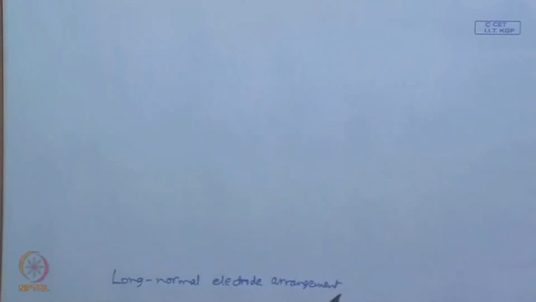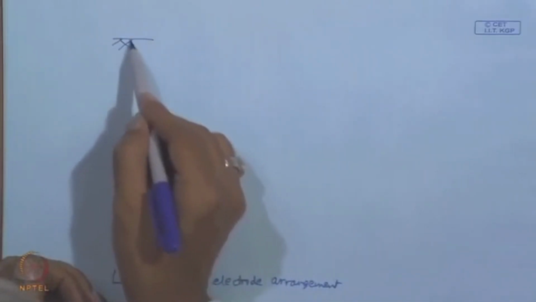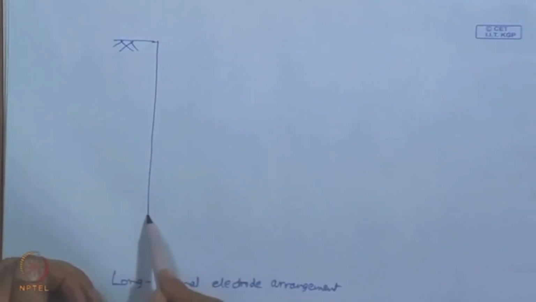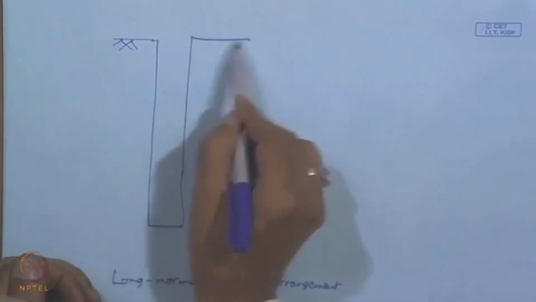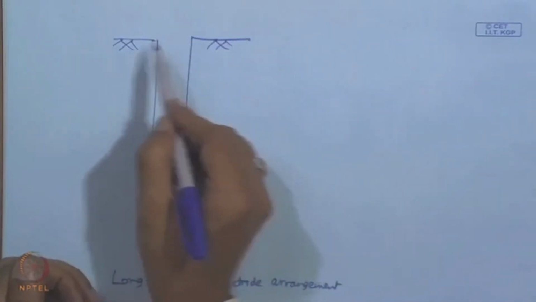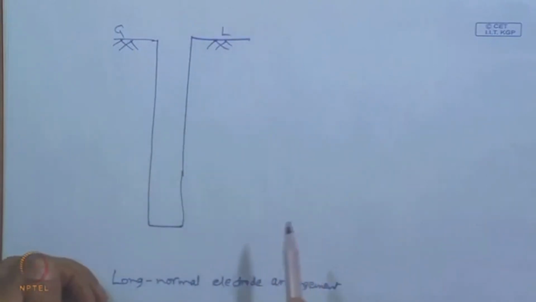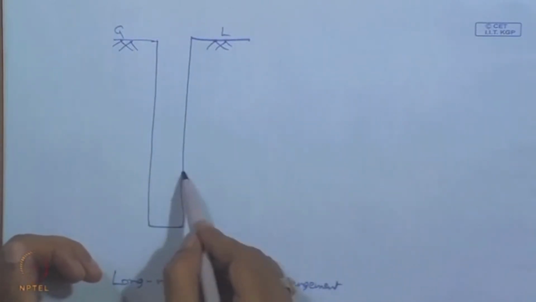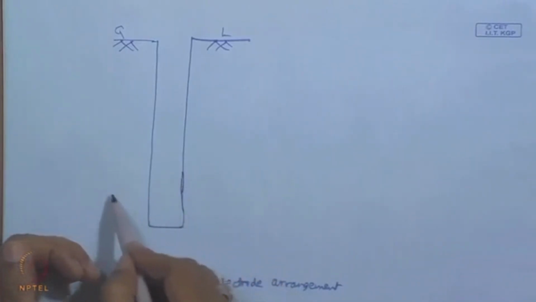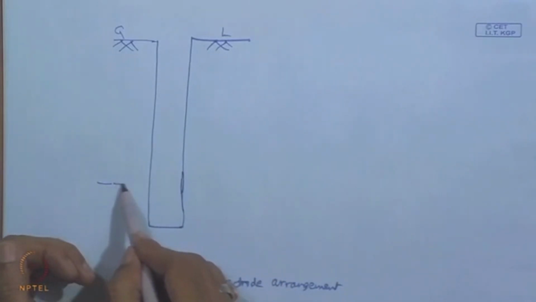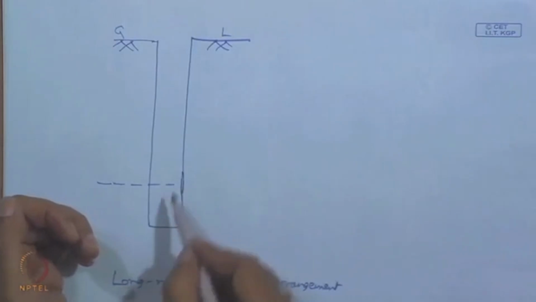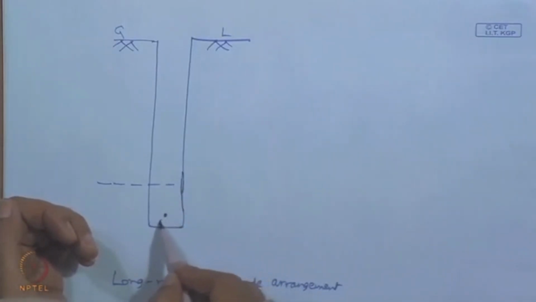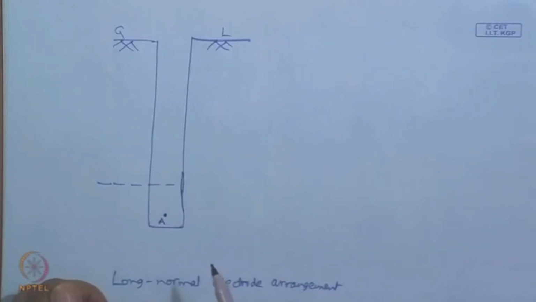In this, this is the uncased well, this is the ground level, and here is the reference point, and this is the electrode A, which is a current electrode.